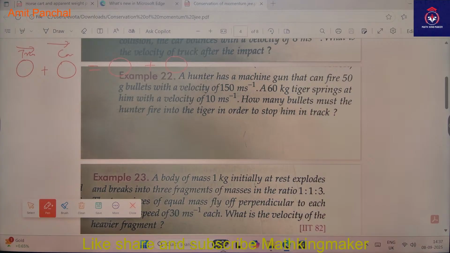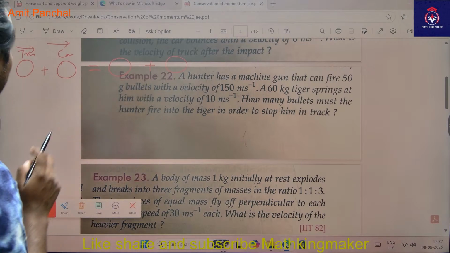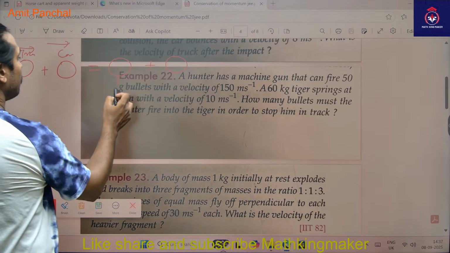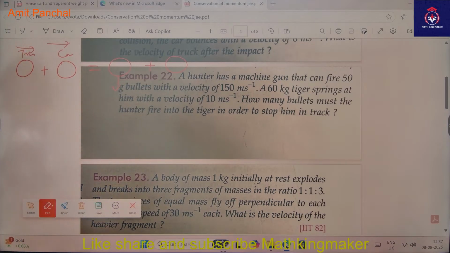You need to subtract it. So the car bounces. It is given that the car bounces with a velocity of 8 meter per second, so that means the velocity is to be taken as negative. So the momentum of the car will be negative, isn't it?